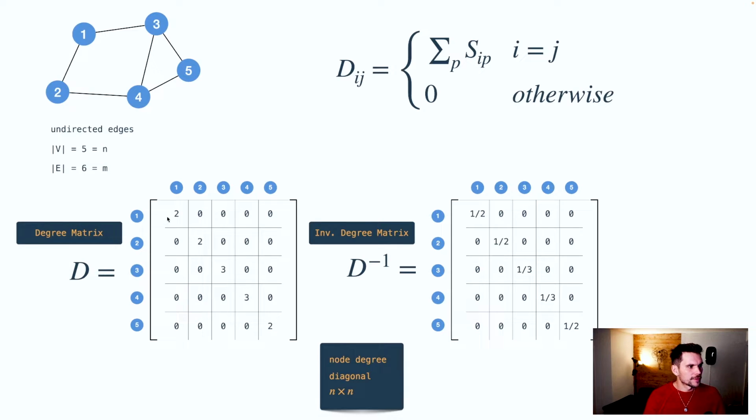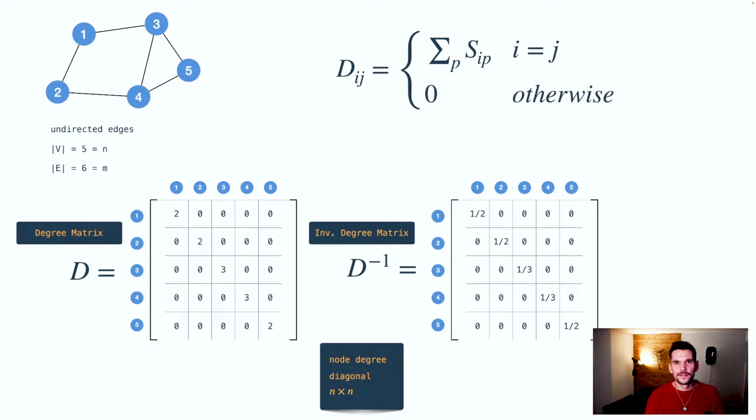For example, for node 1, if we summed up all the entries in the row, we would end up with a 2 because node 1 has 2 relations to other nodes. So what ends up on the diagonal in the degree matrix is basically for node 1 its out degree, and for node 2 its out degree, and for node 3 its out degree. That's why it's called the degree matrix.